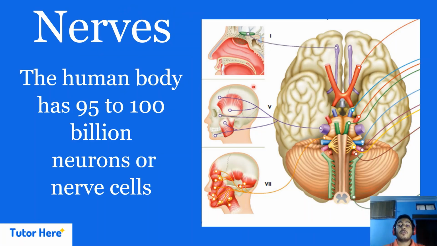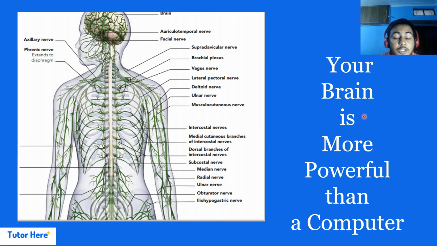And if we talk about nerves, then the human body has 95 to 100 million neurons or nerve cells that make up the nerves. So basically, nerves are wire-like structures which connect different parts of the body with the brain. And remember that your brain is more powerful than a computer. So here we can see different nerves. You can see the facial nerve, phrenic nerve, the brachial nerves, the vagus nerves.